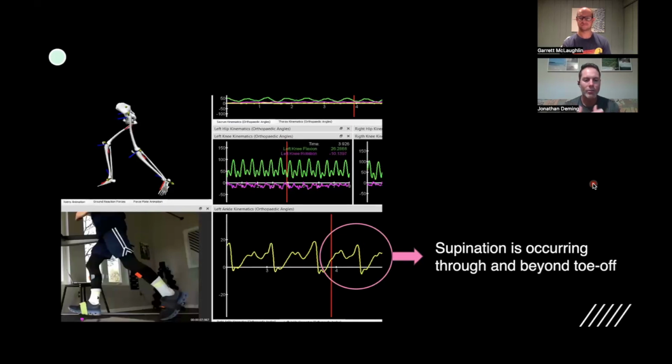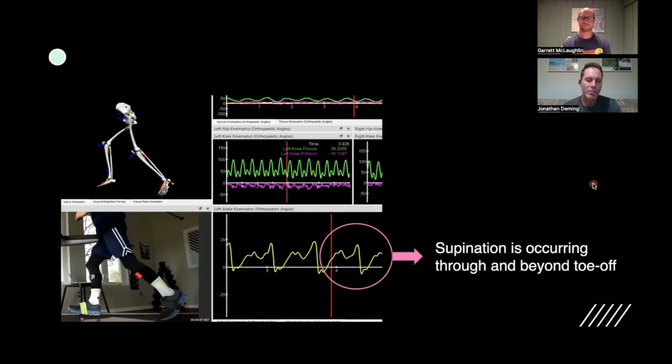Running coaches and trainers and physical therapists will use that term, efficiency. Well, there's a few different types of efficiency. There's metabolic efficiency and physiologic efficiency, and those are a little bit different.